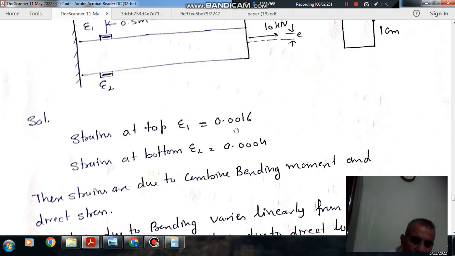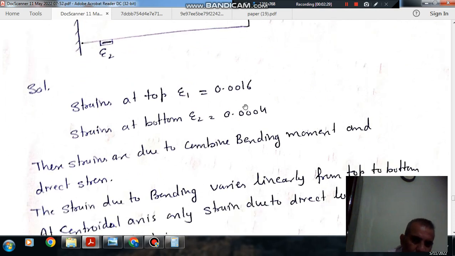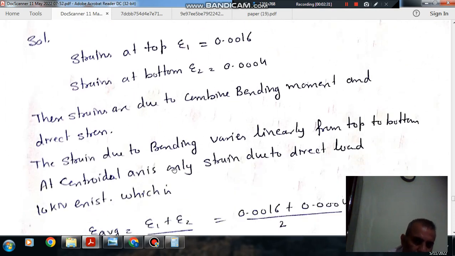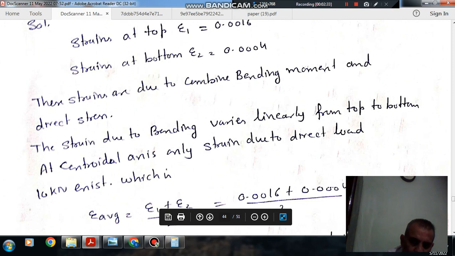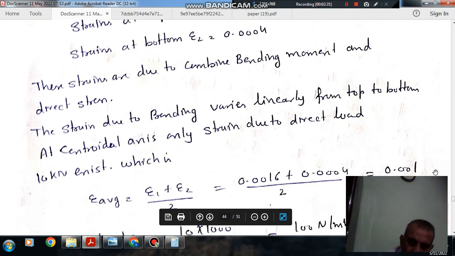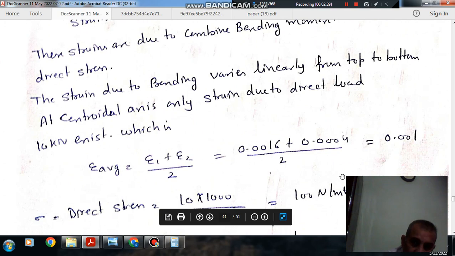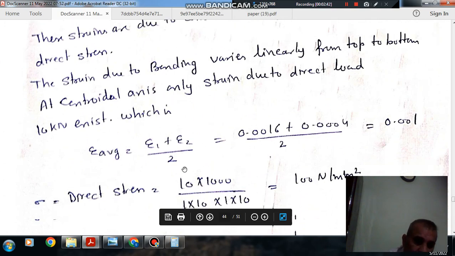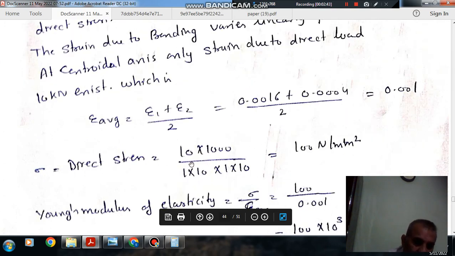So direct stress will cause direct strain. The average of these two is 0.001. Okay, so that is the strain at the neutral axis, and the strain at the neutral axis is only due to the direct stress. The direct stress is direct load by area, so that is 10 into 1000 newton divided by 10 mm into 10 mm, which is 100 newton per mm square.